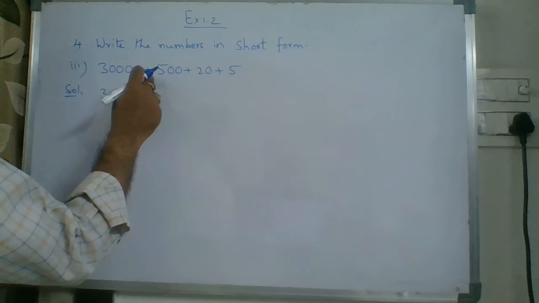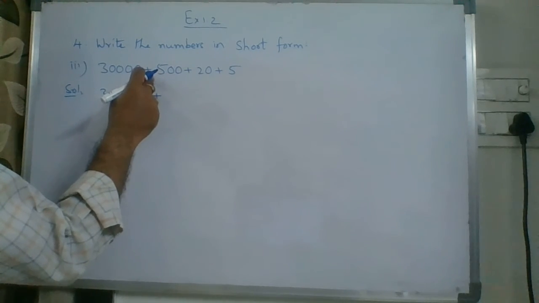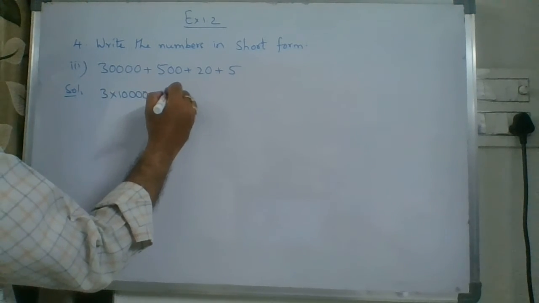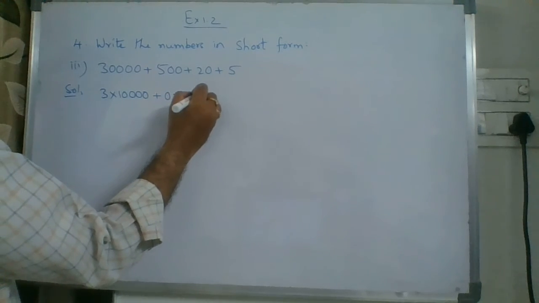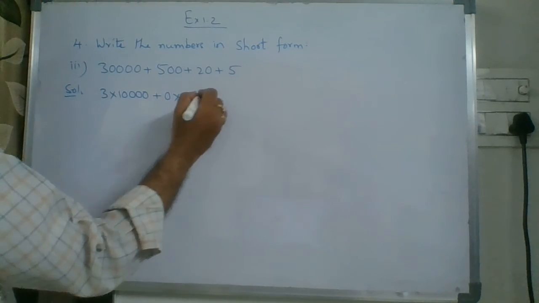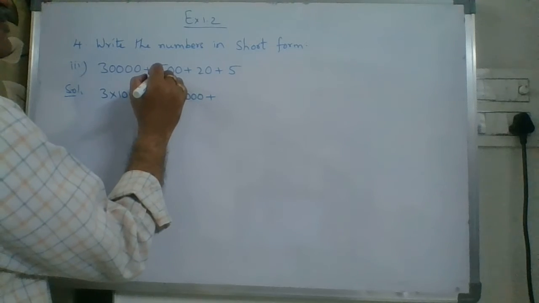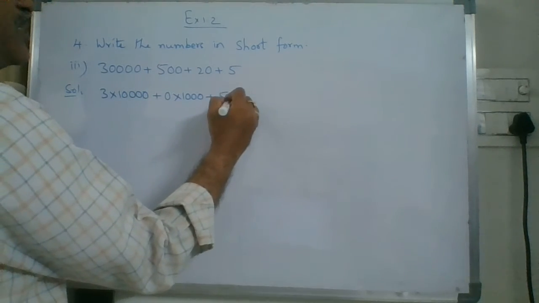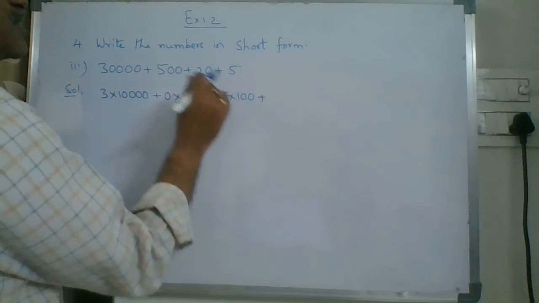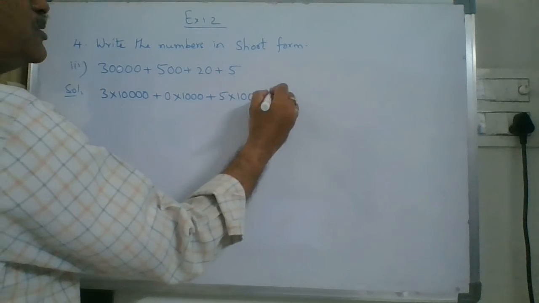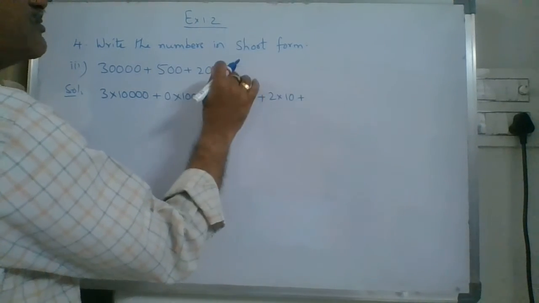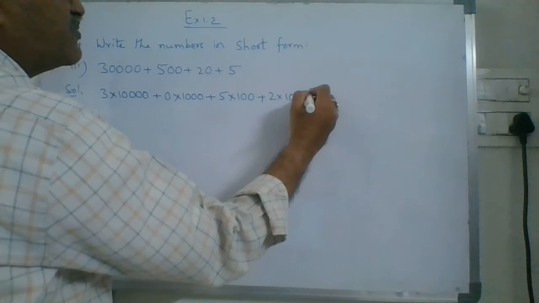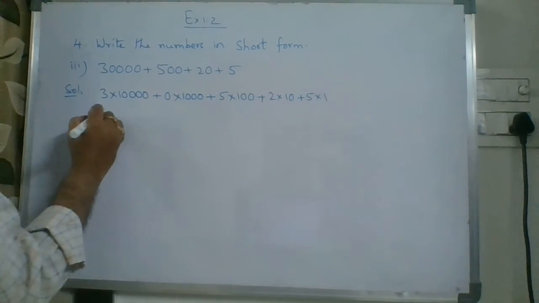There is no thousand place value number. Therefore, we put 0 into 1000 plus next is hundreds place, it is 500, therefore it is 5 into 100. And next is tens place, it is 2 into 10, and this one is in ones place, it is 5 into 1.